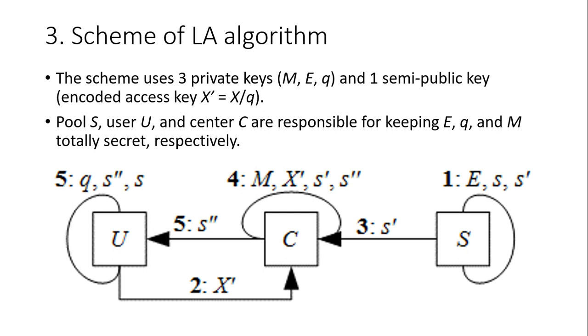The scheme uses three private keys M, E, Q, and one semi-public key, the encoded set key S squared, equal to S divided by Q. Pool S, user U, and center C are responsible for keeping E, Q, and M totally secret, respectively.